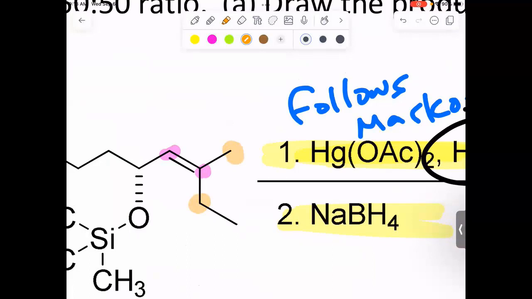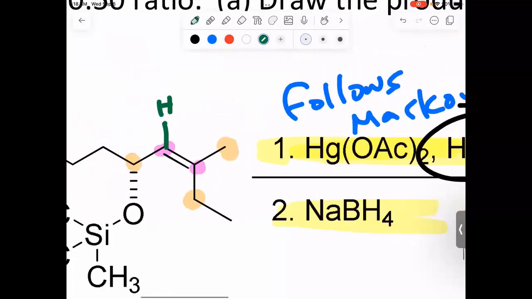And then the one on the left only has 1 carbon attached to it, because the other group is not shown, but the other group is a hydrogen right there. Okay. So the carbon that has the most carbon substituents bonded to it is more substituted. Okay, gotcha. Good question, by the way. I'll write that in.